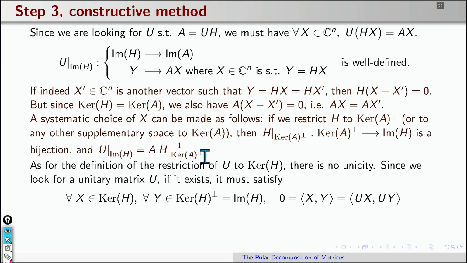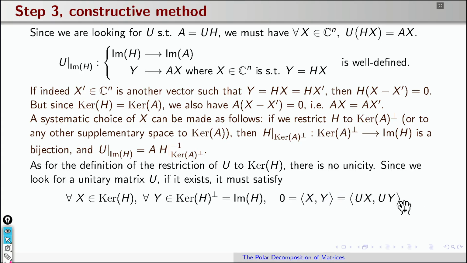So now what does U do on the kernel? We have defined it on the image. For the kernel, there's no unicity, but if we look for a unitary matrix, it must satisfy some condition. If I have two orthogonal vectors, one in this space and one in its orthogonal, then the images will have the same relation: they are perpendicular.